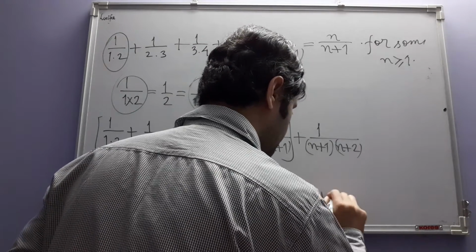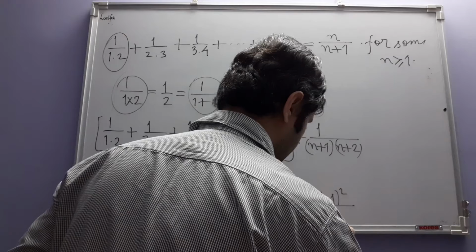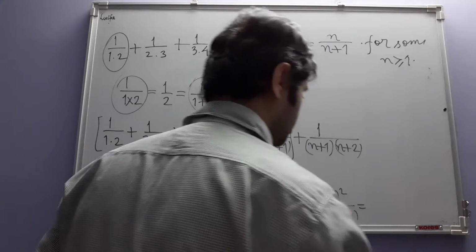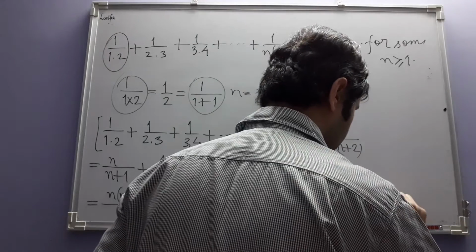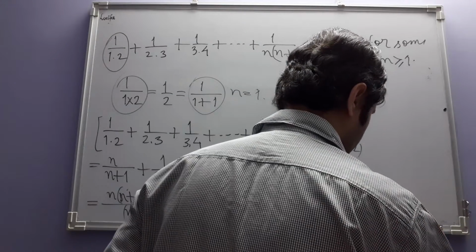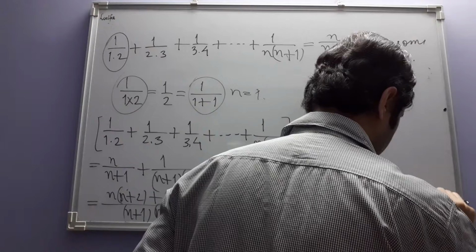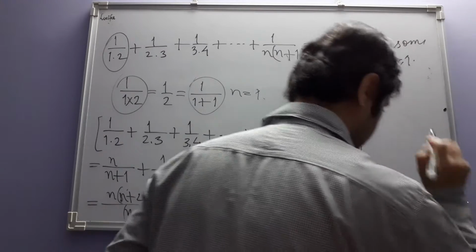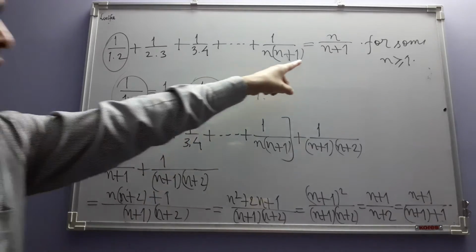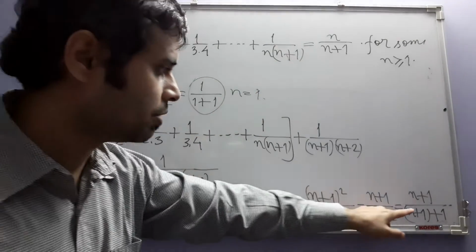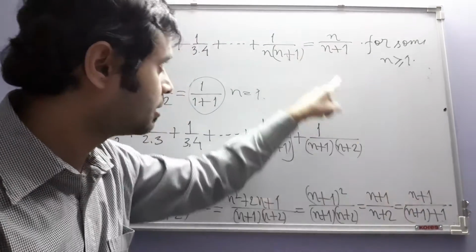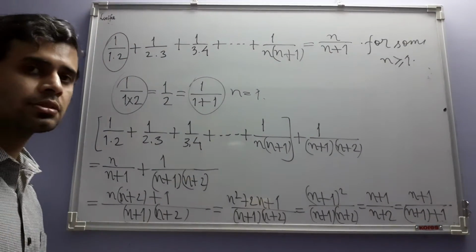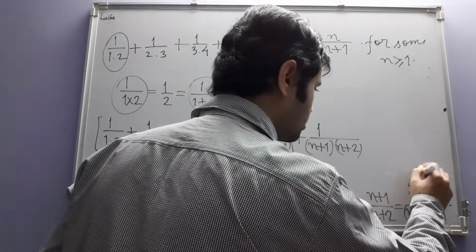This is n plus 1 whole square divided by n plus 1 times n plus 2, which is nothing but n plus 1 divided by n plus 2. So you can see that the formula remains true when we have n plus 1 in place of n. So we have carried out the induction step and the solution is over.